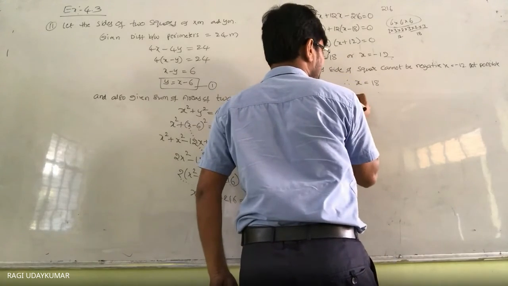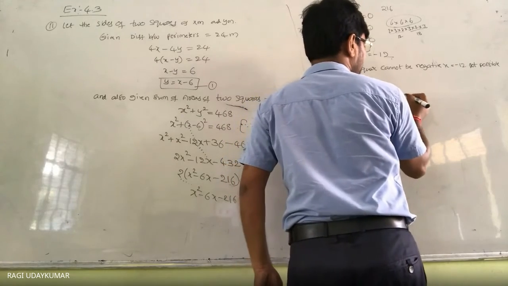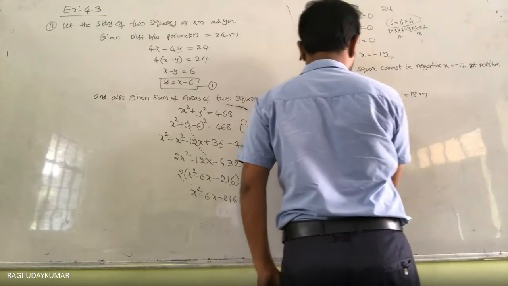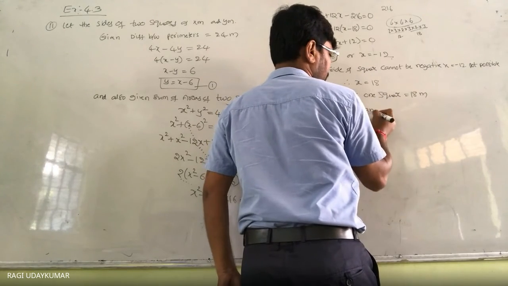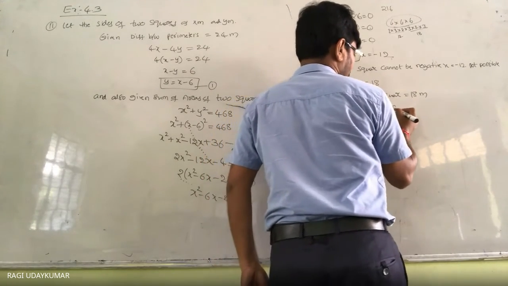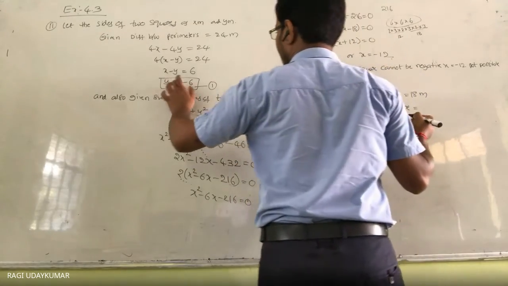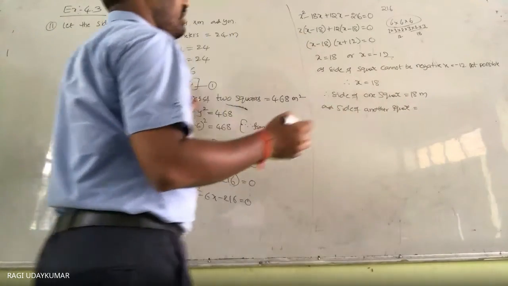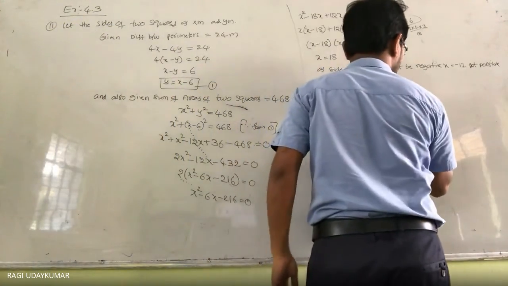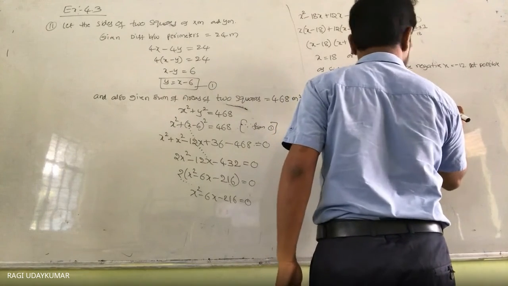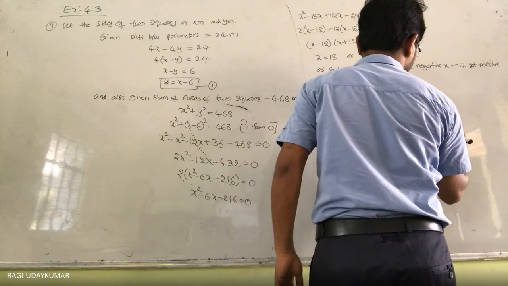Therefore, the side of one square is 18 meters and the side of the other square is y. So y is equal to x minus 6, that is nothing but 18 minus 6, which is equal to 12 meters.